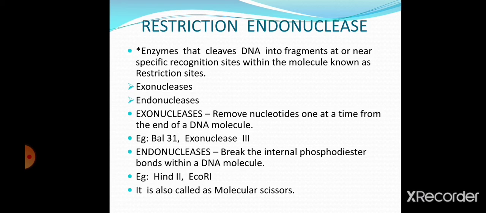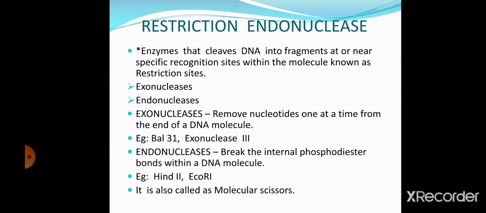So these examples are very important because they will ask in one word. Hind II is an example for endonucleases, or an example for enzymes which break the internal phosphodiester bonds, like that they will ask. So Hind II is an important 1 mark question. EcoRI also.